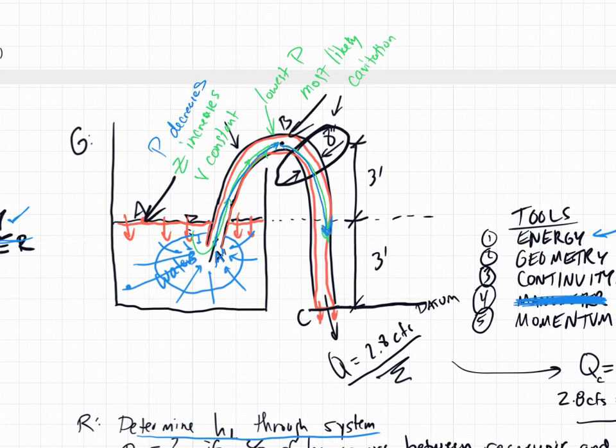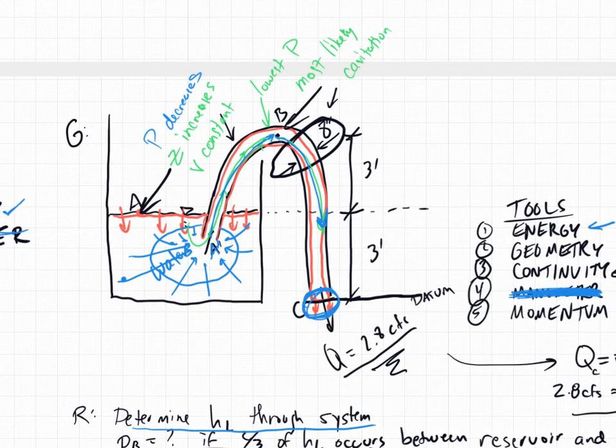The Z will decrease and the pressure will increase. As you approach this, the pressure is going to go back to zero. So it'd actually be kind of interesting to plot the pressure going from here down to here and then all the way back to here.